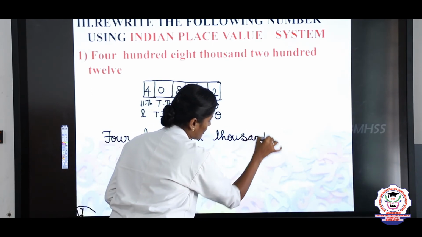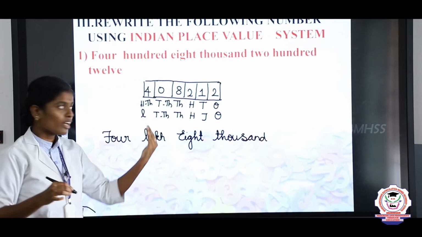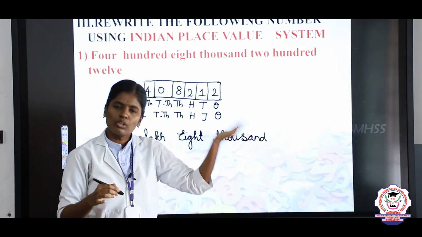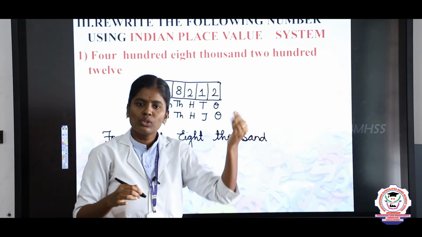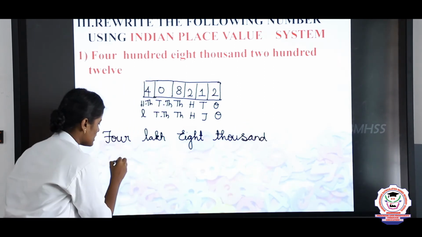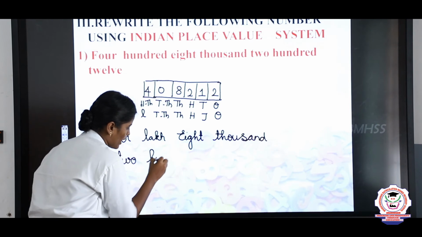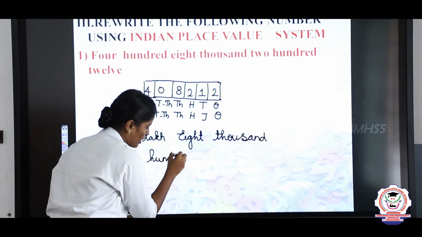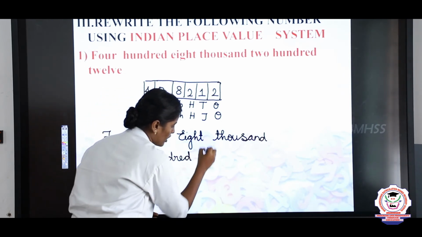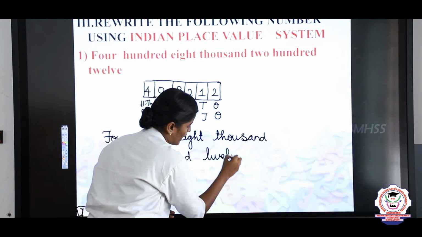T-H-O-U-S-A-N-D. Then 4,08,212: write two hundred twelve. TWELVE.